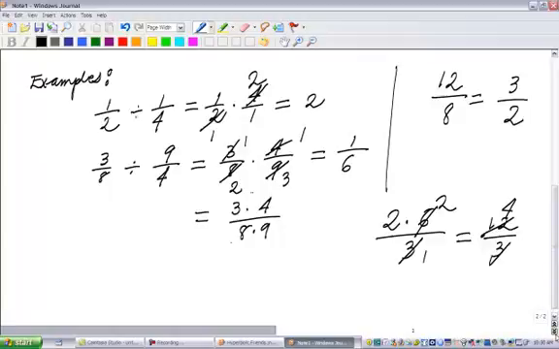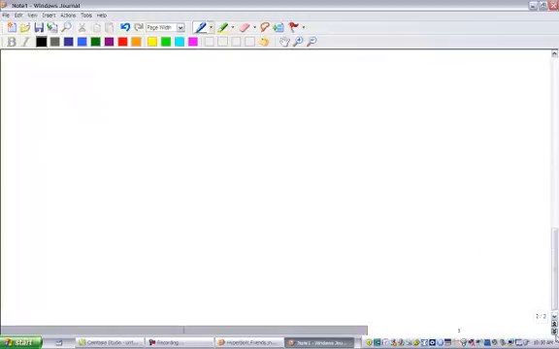Let's do some more examples like this. Let's say I have the following: half divided by 1 over 12. That should be easy. It is equal to half times 12 over 1.